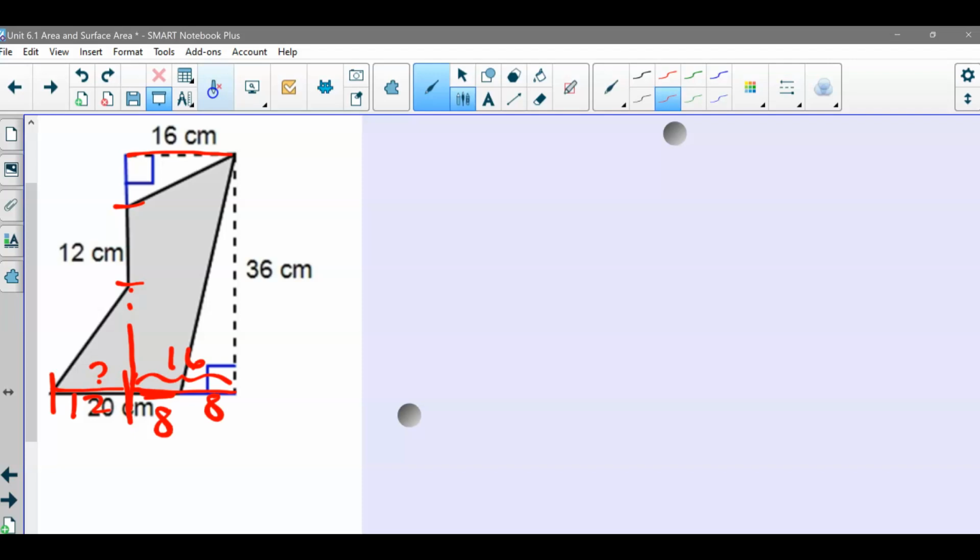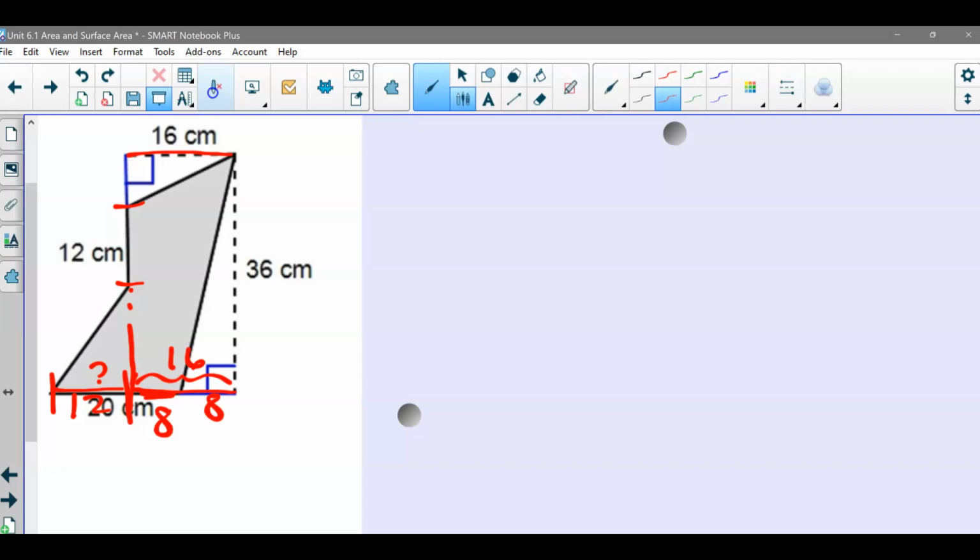So 16 and 16, right? If this entire thing is 20, and we know this was 8, this has to be 8, because 8 plus 8 is 16. So if we have 8 out of 20, then we just need to say what plus 8 is going to equal 20, and it would be 12.